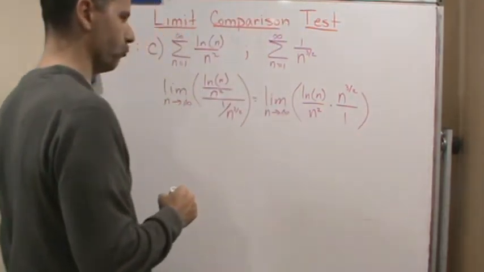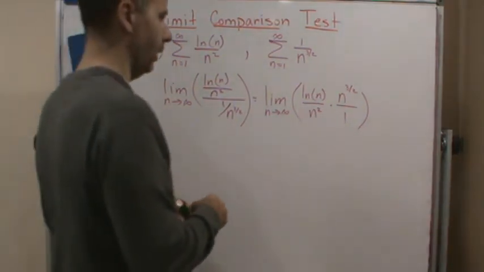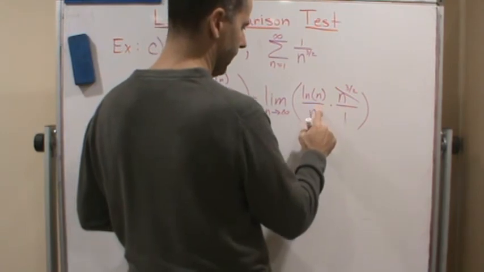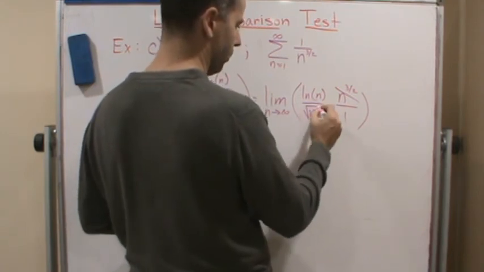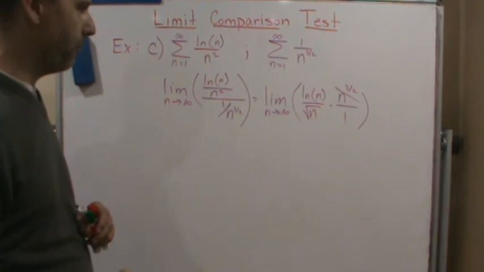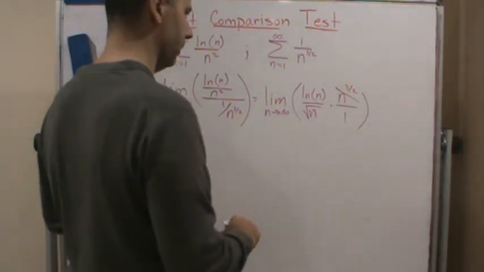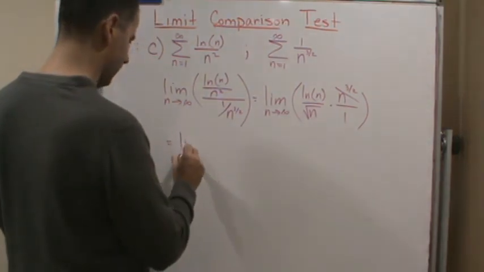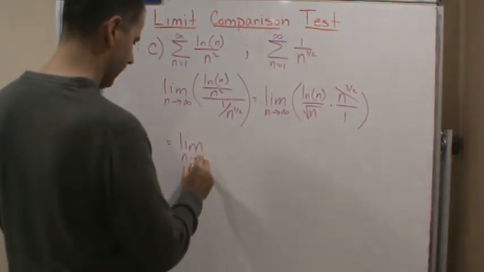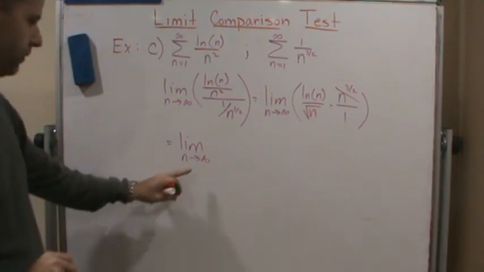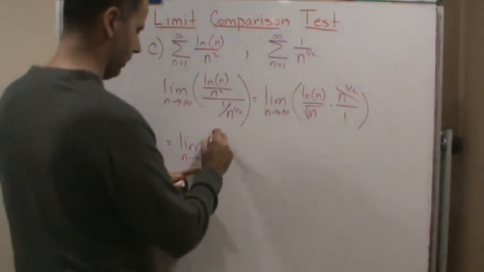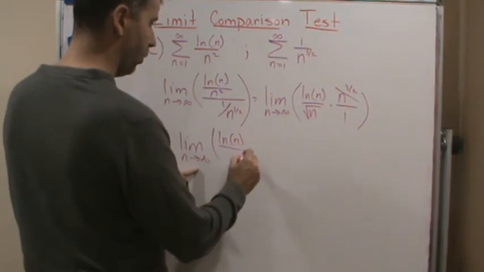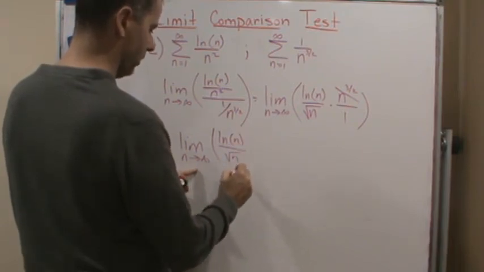Now, this is going to cancel with this, and it's going to make this into the square root of n. So this is just going to give us the limit as n approaches infinity of the natural log of n over the square root of n.